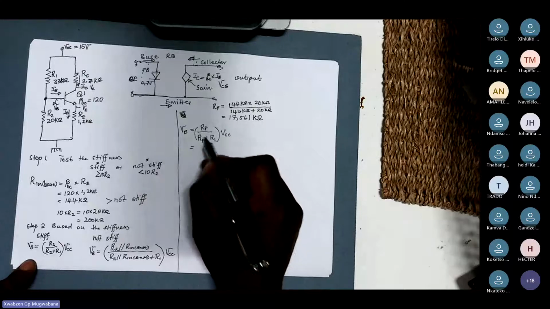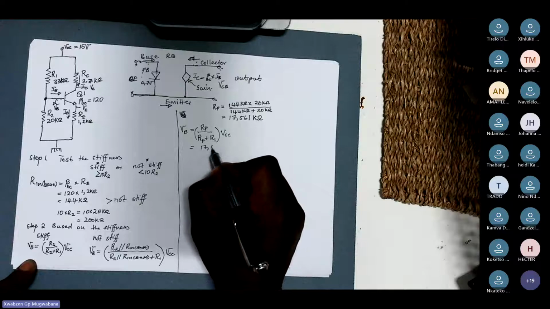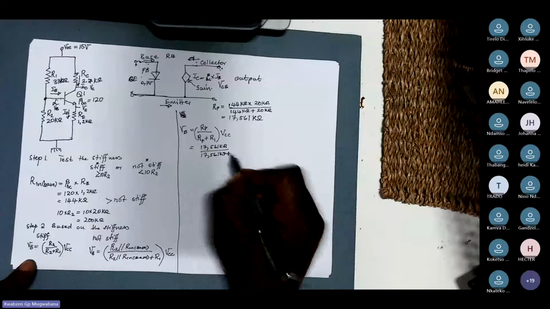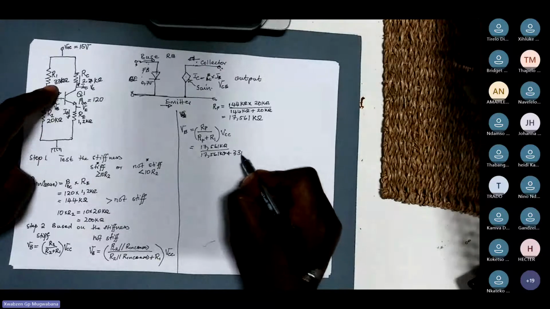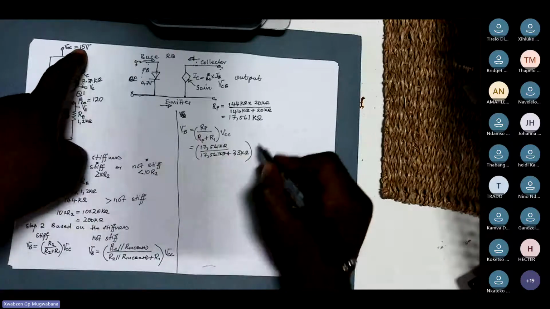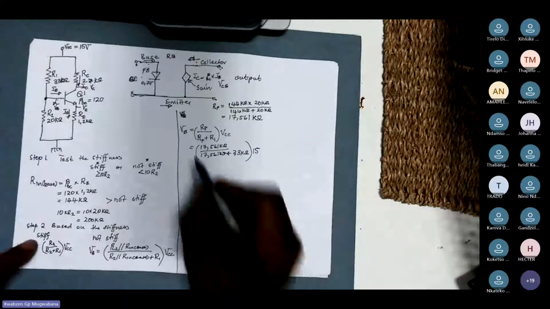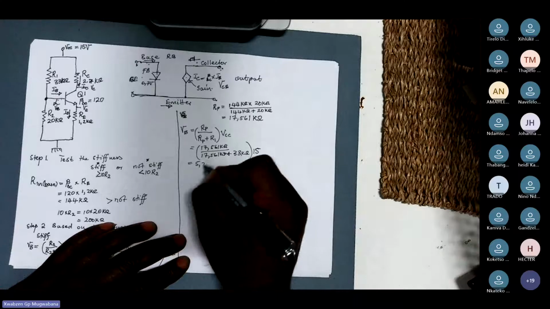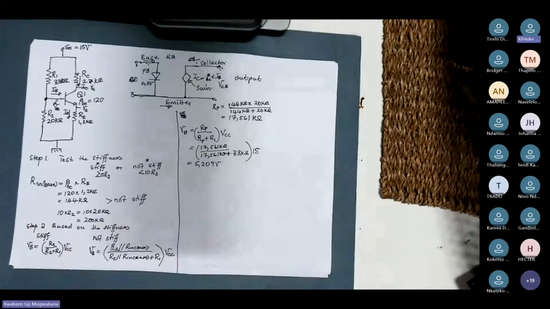So I say R parallel, which is 17.561 kilo ohms, divided by 17.561 kilo ohms plus your R1, which is 33 kilo ohms, all of these multiplied by VCC, which is this VCC here, 15 volts, which gives me what? 5.209 volts. Did you get that one?